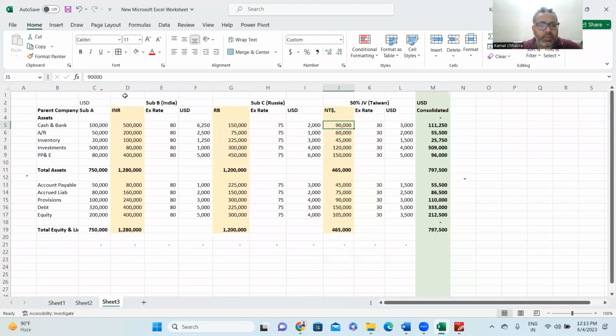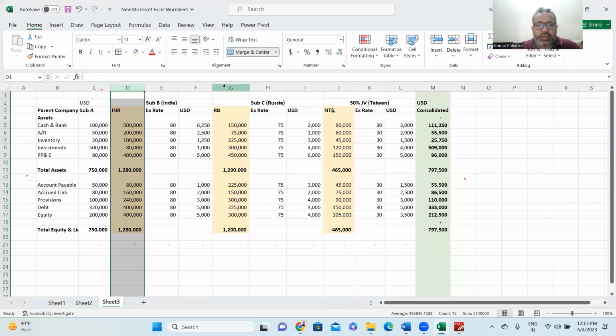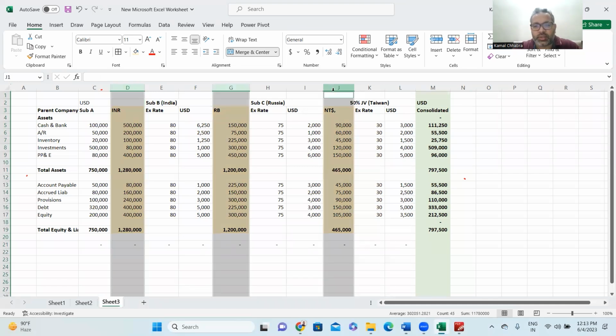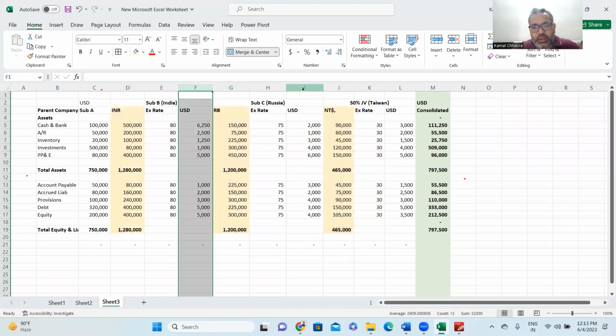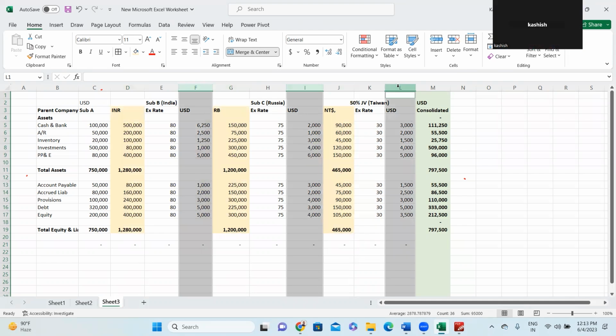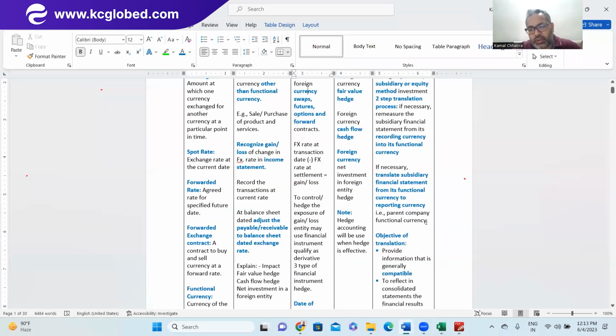What we have done, this is their local currency. This local may be their functional currency. And we are converting to the reporting currency. What is reporting currency? USD. So in this example, we are going with this option. And most of the time you will see practically this option only.